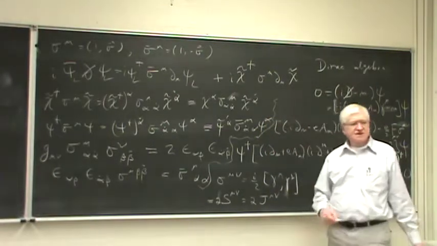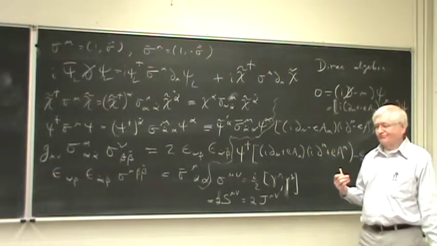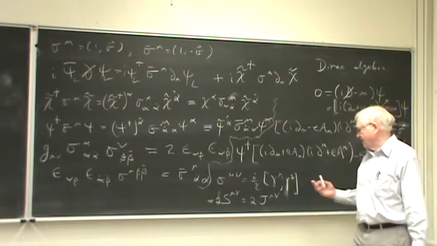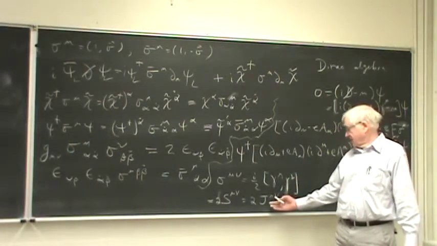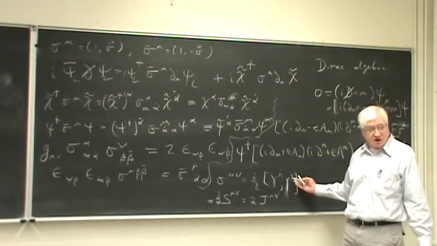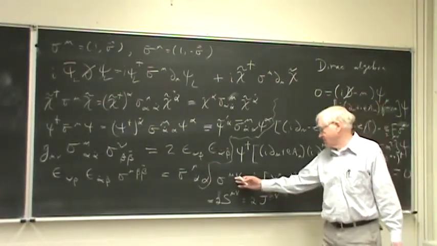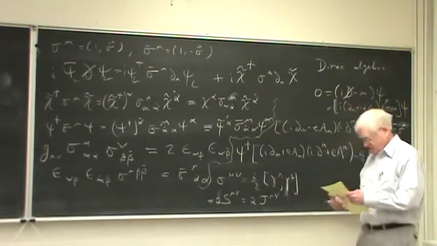So when you make the Clifford algebra of the Lorentz group out of gamma matrices, the J^μν are i over 4 times the commutator, and the σ^μν is twice that, so it's i over 2.